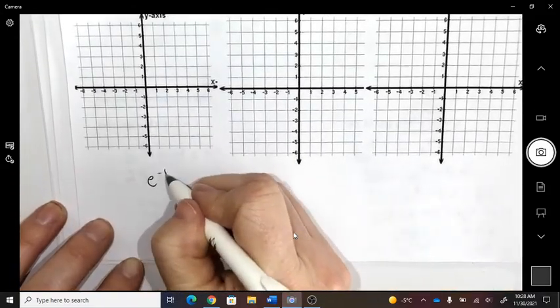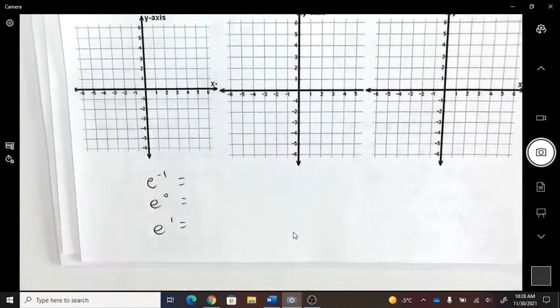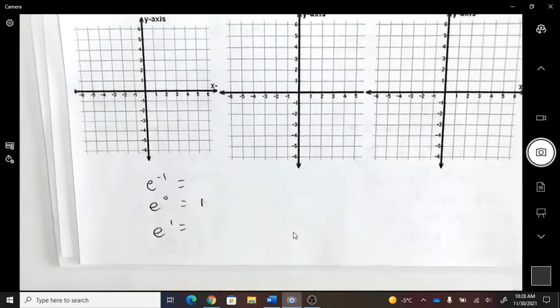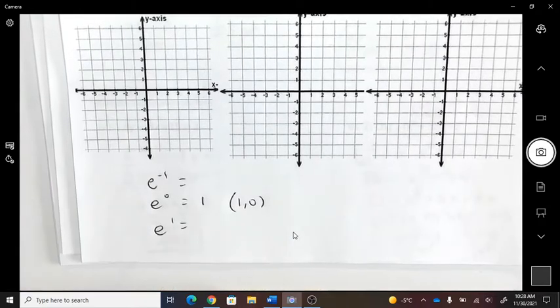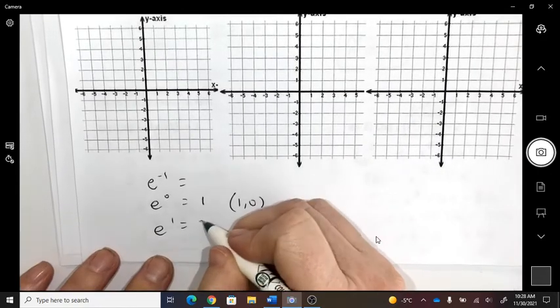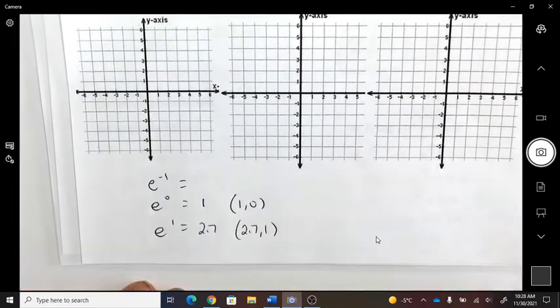So e to the -1, e to the 0, e to the 1. Okay, so e to the 0 is 1, giving me the coordinate 1, 0. Does anybody remember the value of e to 1 decimal place? 2.7. So 2.7, comma 1.